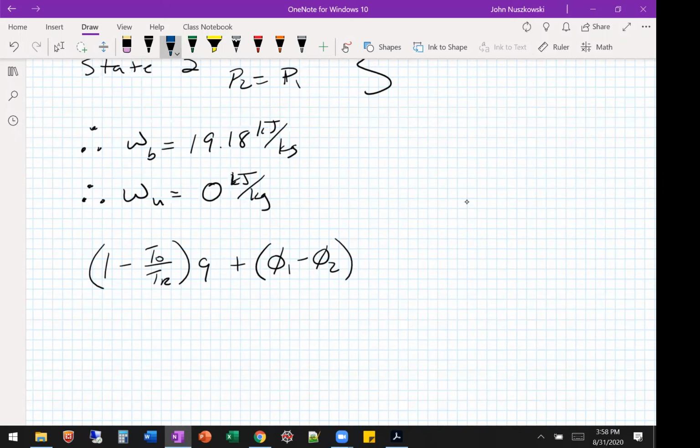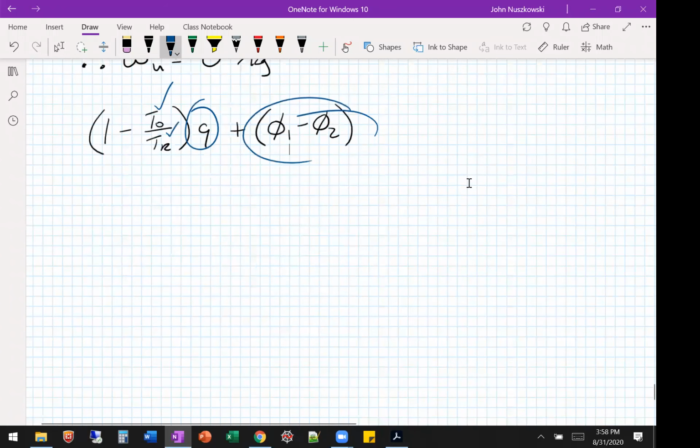We have our temperatures, so we need the heat transfer per unit mass and the change in non-flow exergy. How do we get the heat transfer? It's given. It wasn't, no, it said there's heat transfer, but the value wasn't given. So how do we get the value for heat transfer?